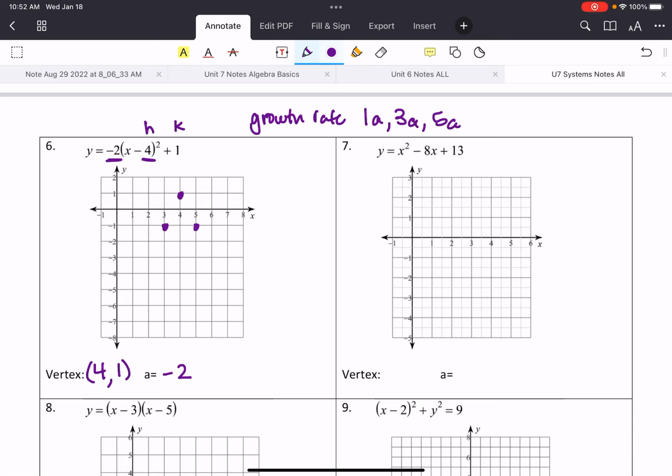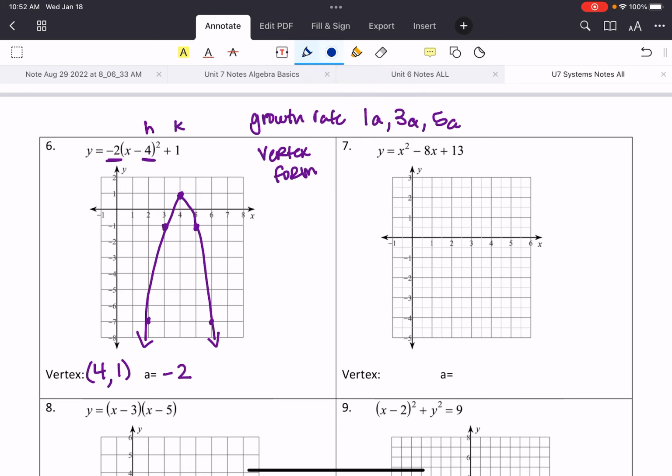Then I want a lot of dots, so I'm going to keep going. And then I'm going to go to the left 1, but 3 times -2 is -6, so I'm going to go down 6. 1, 2, 3, 4, 5, 6. And at that point, I can't draw anymore, and I connect my arrows. I try to make it as curved as possible. There's that parabola. So this one is in vertex form.